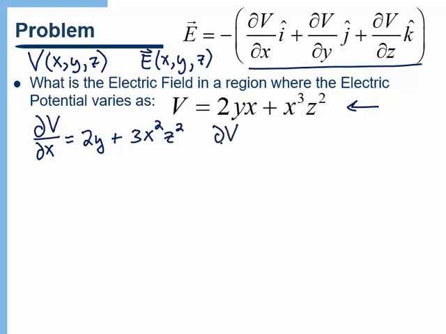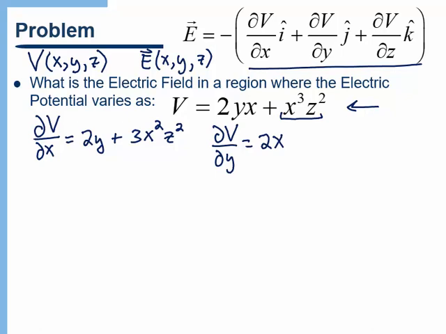With respect to y, we see the first term has just a y, so the derivative of y is 1. So we get 2x. Again, x is now just a constant. Notice the second term doesn't have any y in it. It's just a constant.